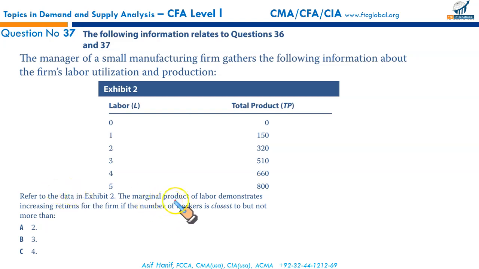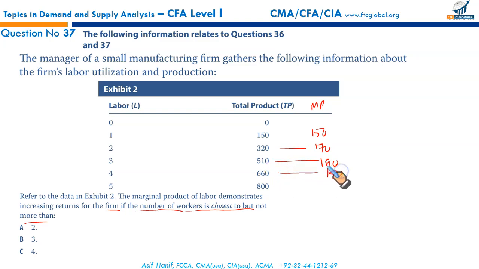Refer to this data. The marginal product of labor demonstrates increasing returns for the firm if the number of workers is closest to but not more than. Let's see. The marginal product 150, 320 versus 150, that's 170. Then 320 versus 510, that's 190. 660 less 510, 150.